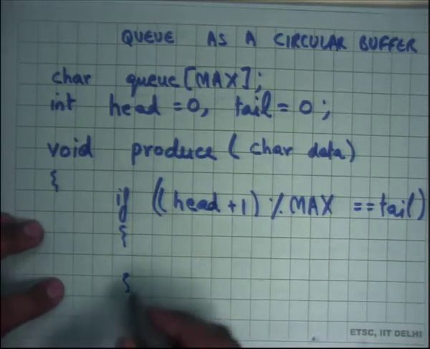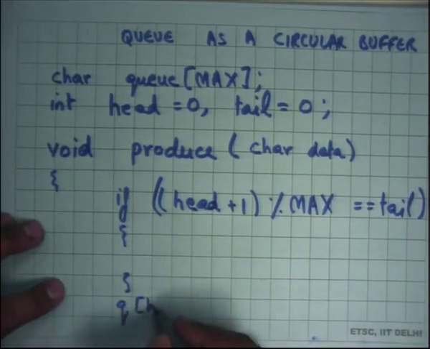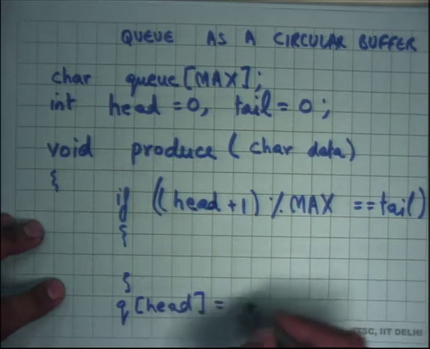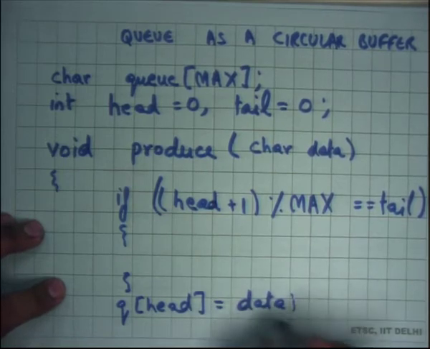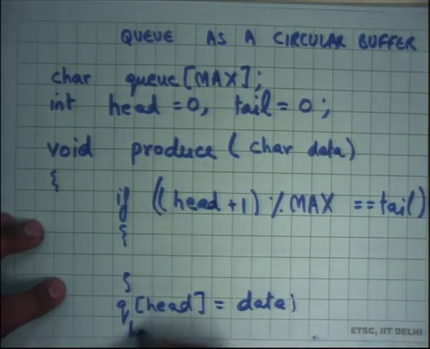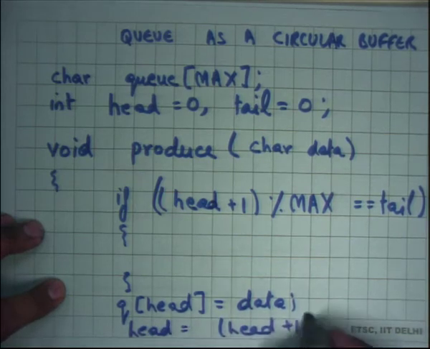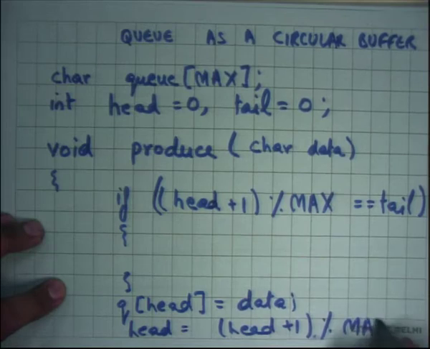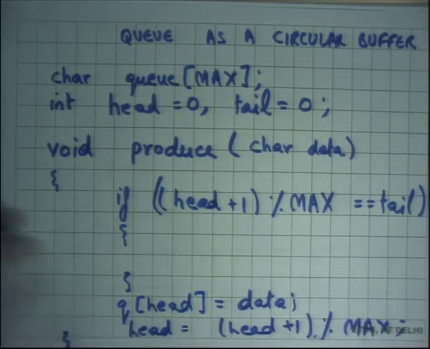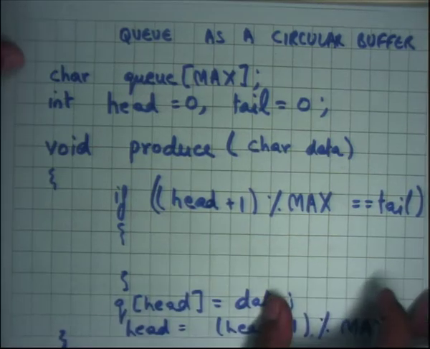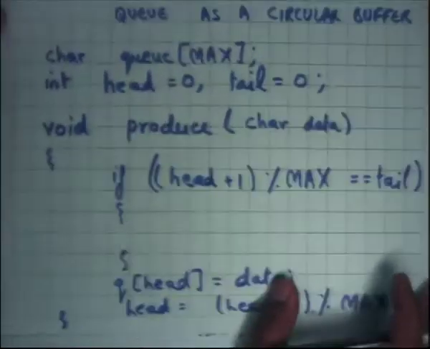Otherwise I just say queue head is equal to data and head is equal to head plus 1 mod max. And similarly you can write the code for consume, which I am not going to write here.